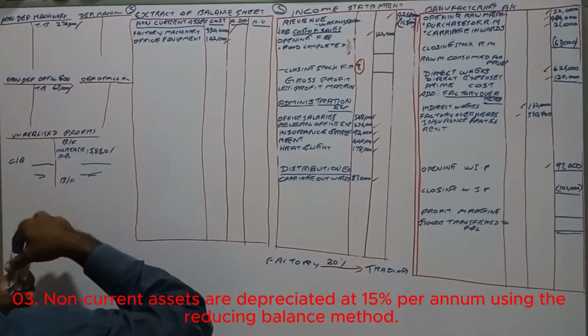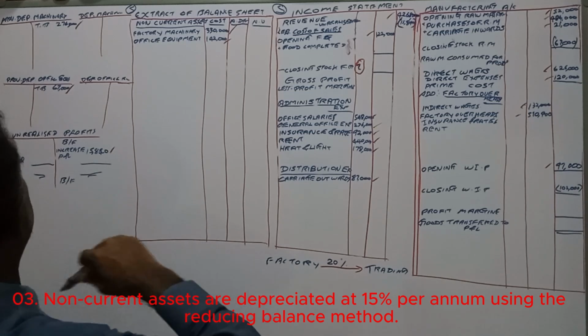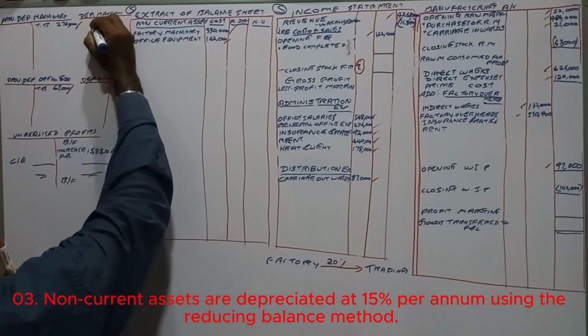8,100 you have to charge to the P&L, right?